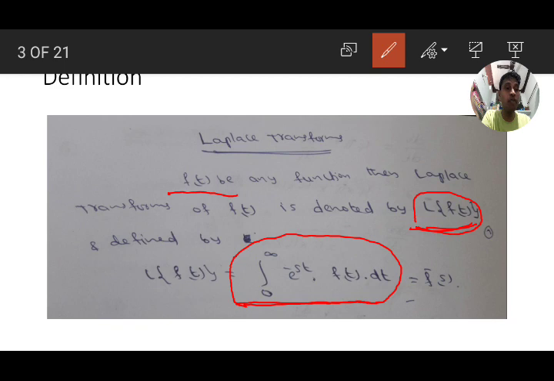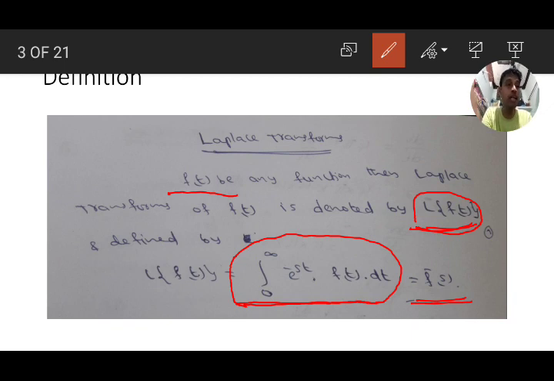L of f of t is also denoted by f bar s. Suppose f of t is any function, then the Laplace transform of f of t is denoted by L of f of t and defined by L of f of t equal to integration 0 to infinity e to the power of minus s t f of t dt, that equals f bar s.